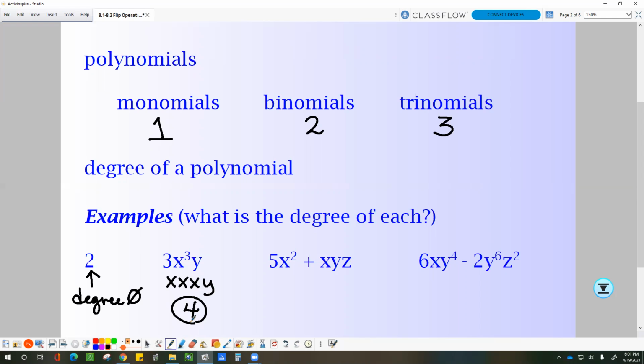With a polynomial, this is a binomial because I have 2 terms. One with 2 x's, so that's degree 2, and one with an x, a y, and a z. That's 3 variables, so it's degree 3. So I would say that my binomial is degree 3.